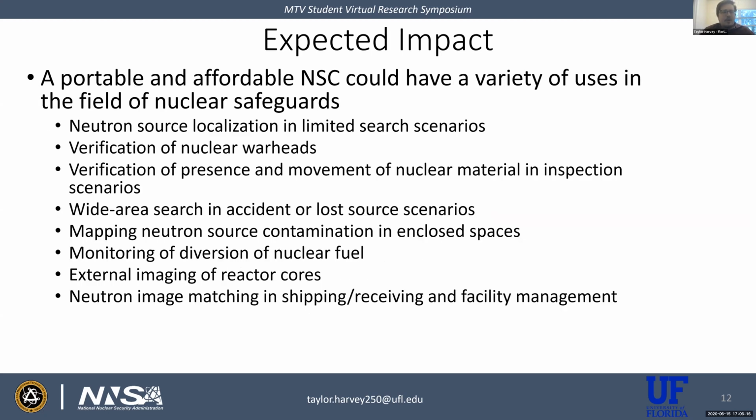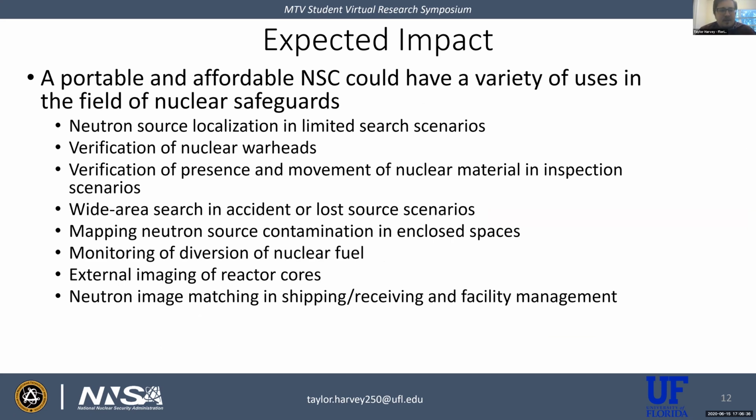Just a little bit about what a system like this could ultimately be used for. This has also been covered a little today, but you could use it for localization in limited search scenarios. The typical example is if a container gets flagged at a border and you need to find a neutron emitting source somewhere in a limited area.